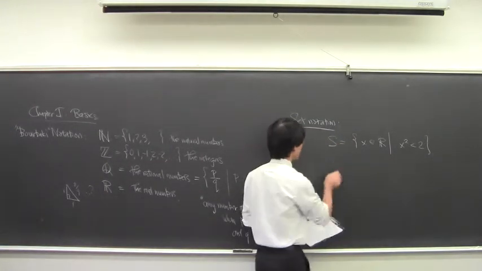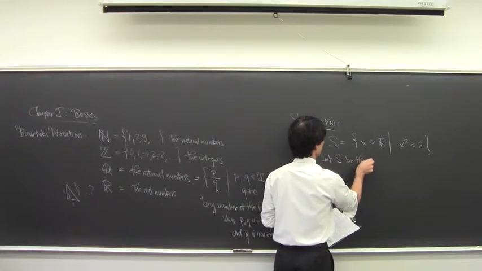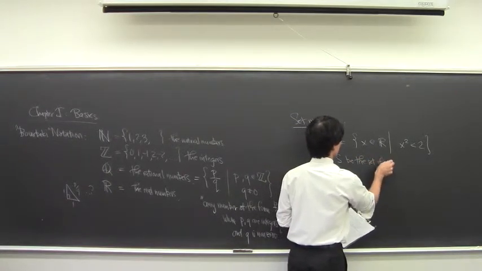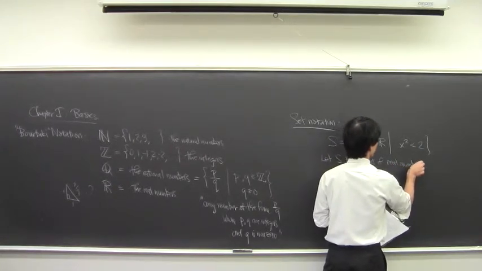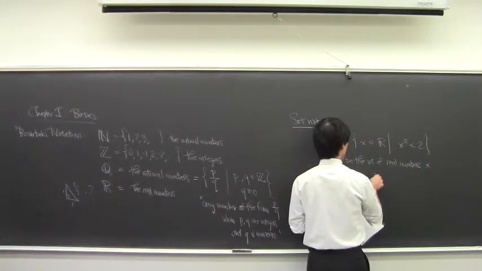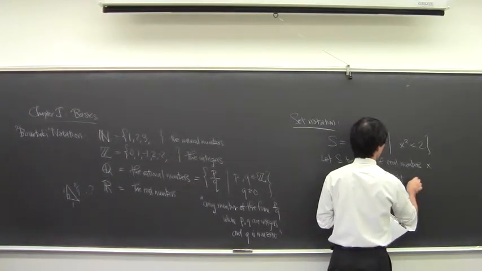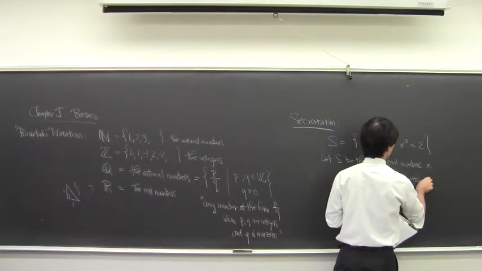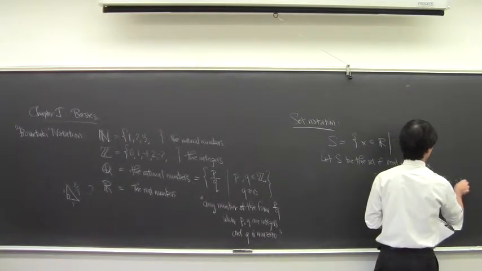I'm going to read it in English. Let S be the set of real numbers x such that the square of x is less than 2.